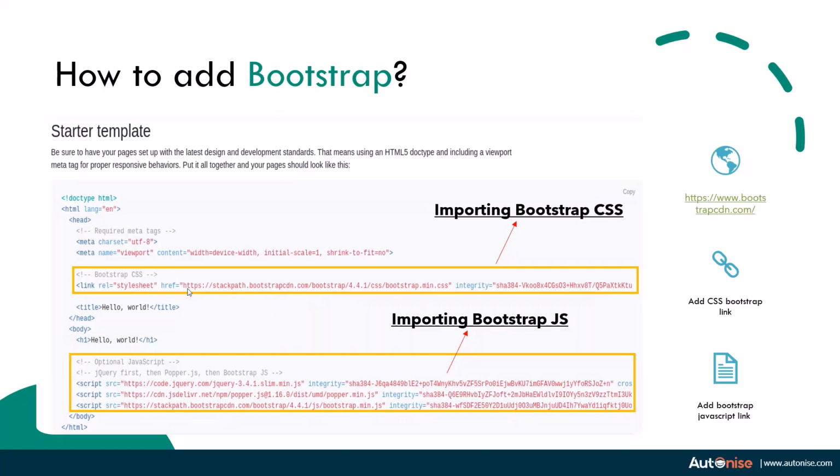So this link is pointing to the Bootstrap CDN where the Bootstrap library is present. Similarly, to import JavaScript, we use the script tag. The script tag has the source attribute which we use to point to where the JavaScript library is kept.